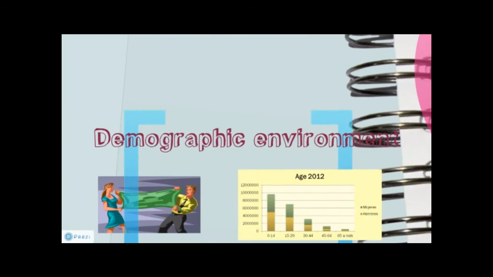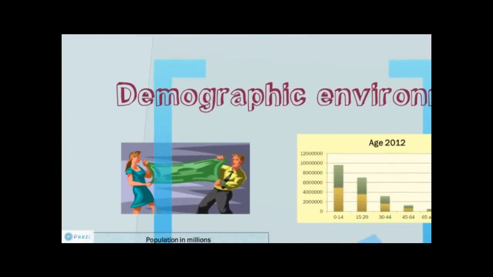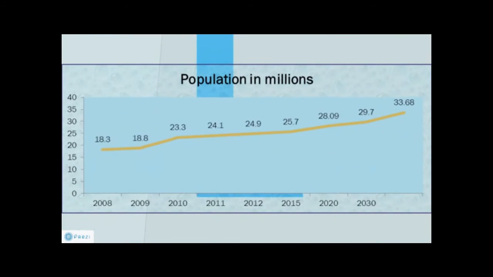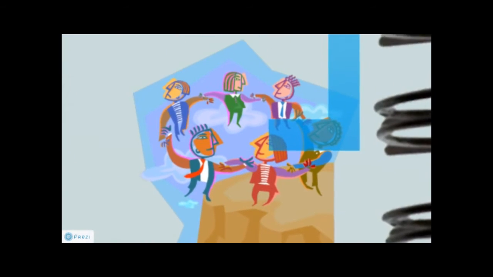The demographic environment. About the population. The population in Yemen has been increasing and a much larger increase is planned. For example, in 2012, we have approximately 25 million people, and it's expected to be 30 million people in 2030. About the age structure.